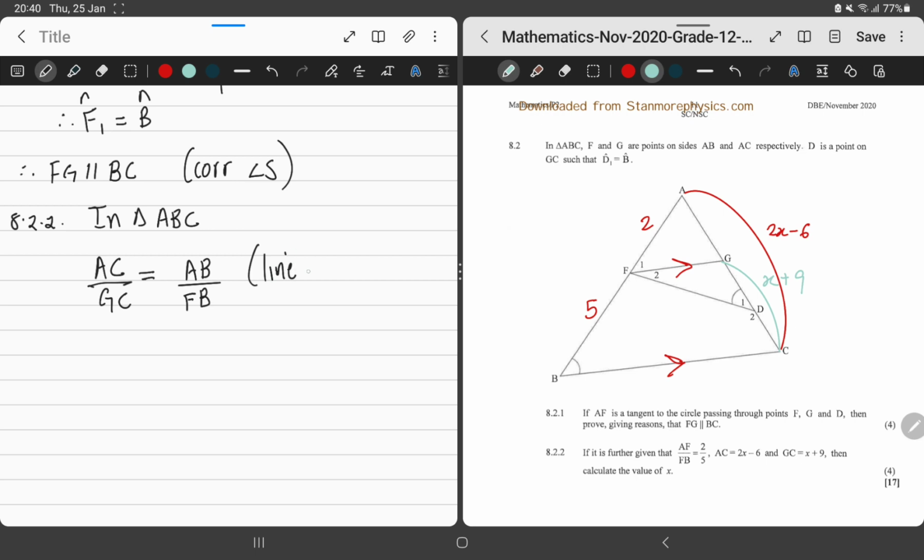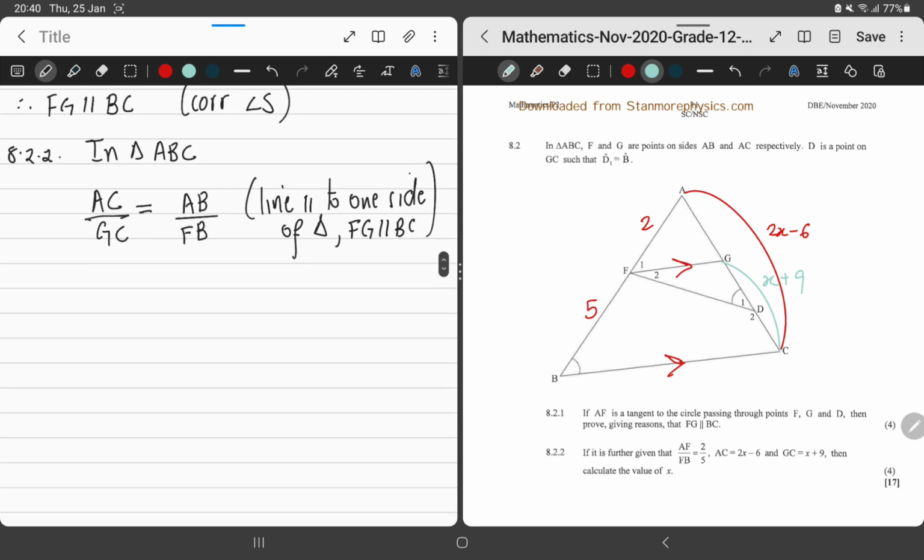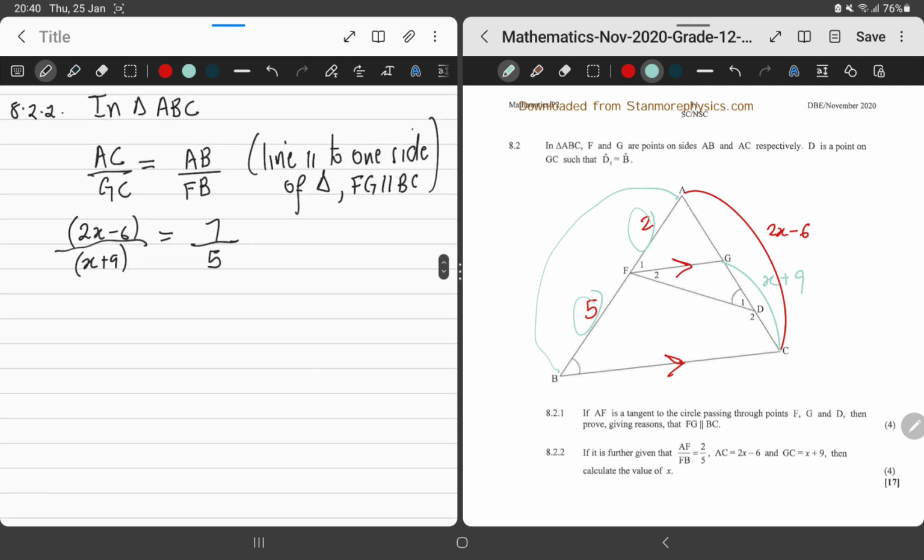And this is because of the line parallel to one side of a triangle, and this is because FG is parallel to BC. AC is 2x minus 6, and then GC, that's x plus 9. AB, that's 7, because I'm going to add this with that to get the whole of AB. And then FB, that's just a 5.